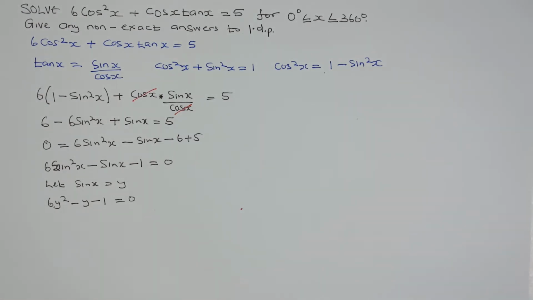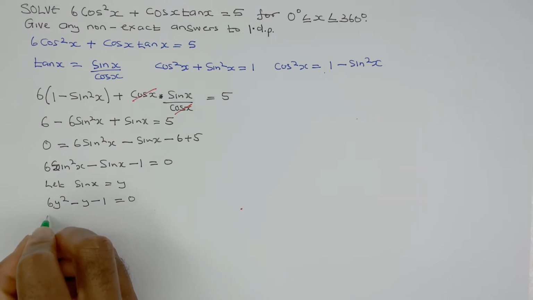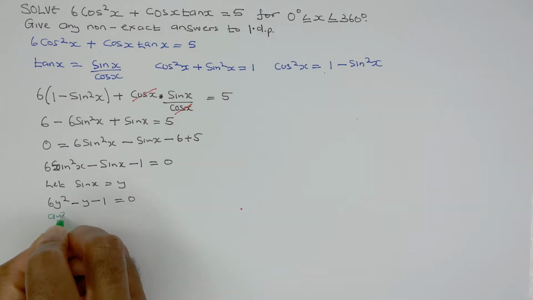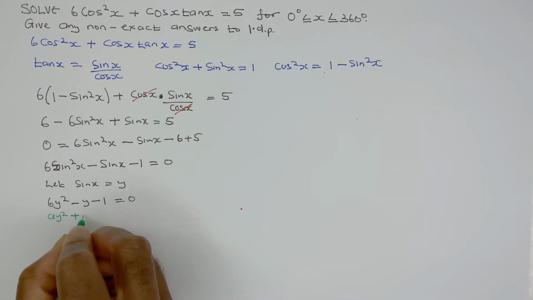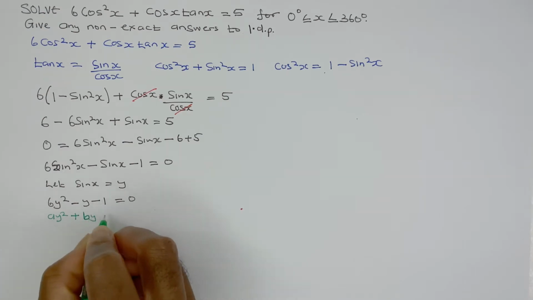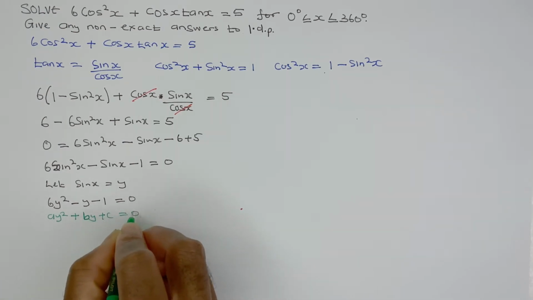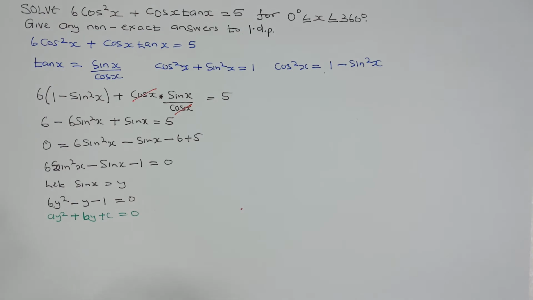So I've got a quadratic function, which will represent ay squared plus by plus c equal to 0.